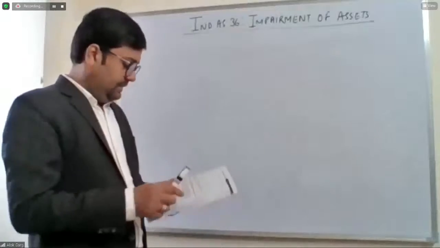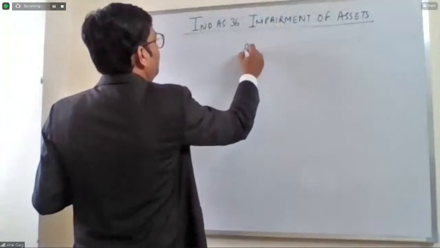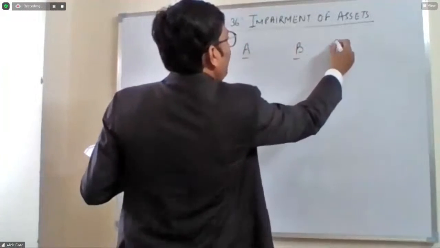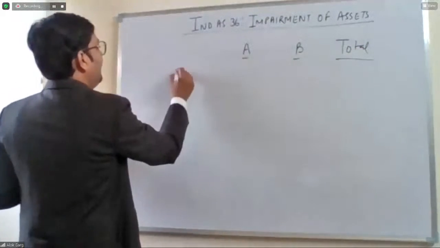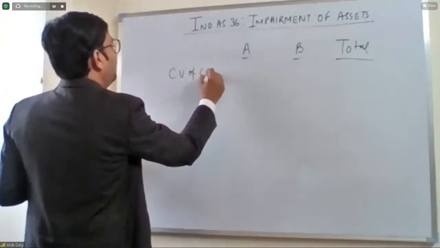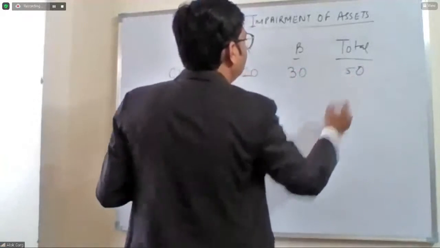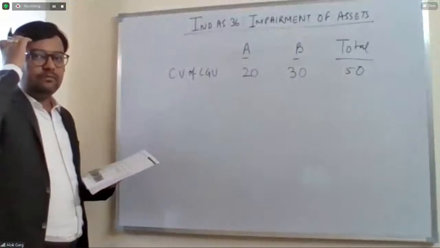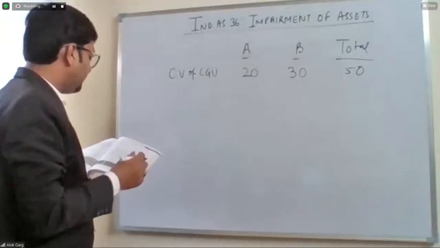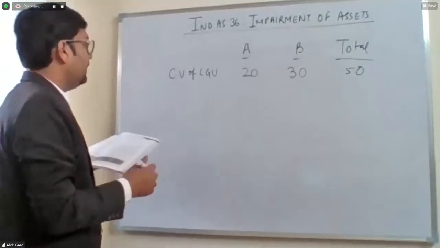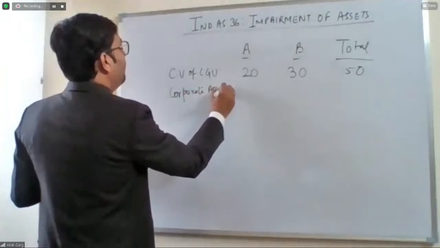First of all, the carrying value. This is A, this is B, and this is total. What is the carrying value of the CGUs given in the question? It is 20 million and 30 million, and the total is 50 million. Then the value of the corporate asset is 10 million.